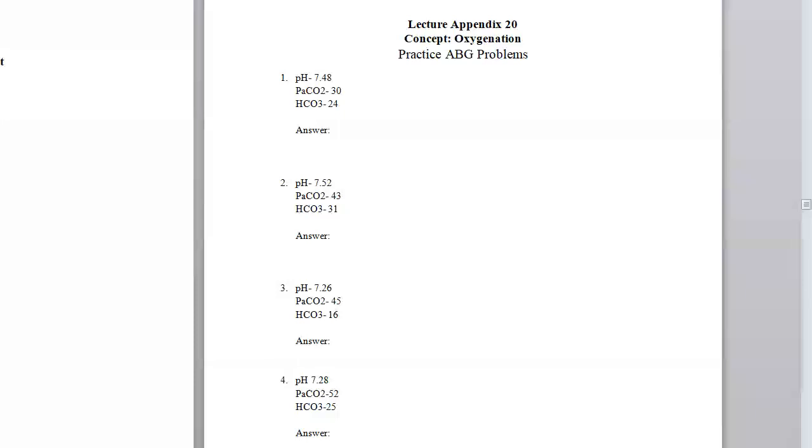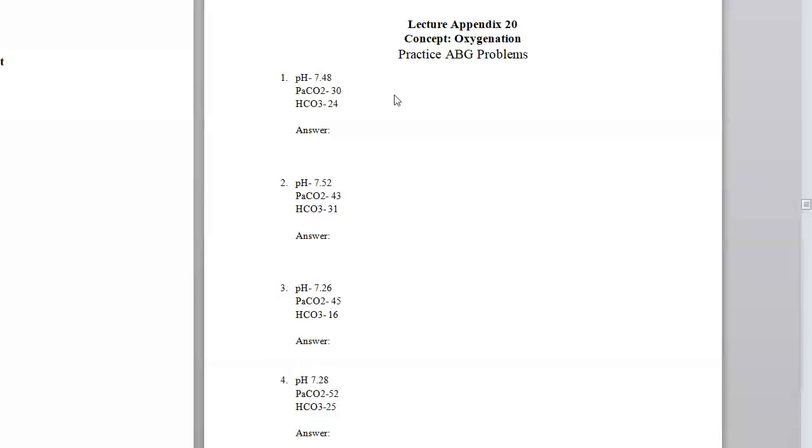All right, let's look at the first one. We look at the pH first, and we see that it is 7.48. Can anybody think about whether this is more acidic or more alkalotic?